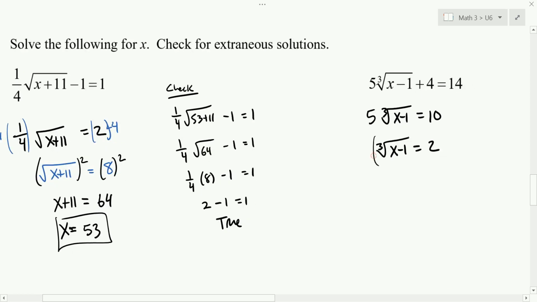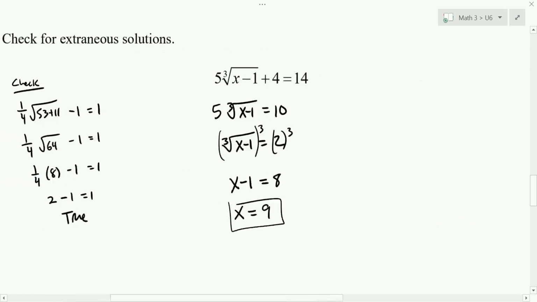So at this point, we want to get rid of the cube root. So you cube both sides. When you cube the left side, you get x minus 1. What do you get when you cube the right side? And then you add 1, right? You get 9. Okay. And you check it just like we checked the other, just to make sure it worked out.